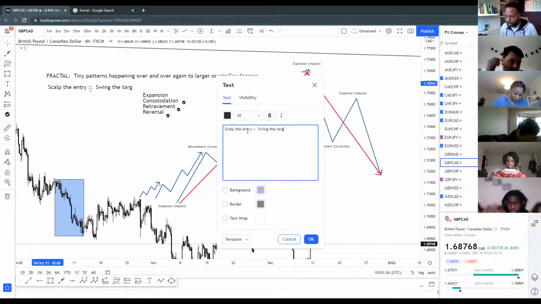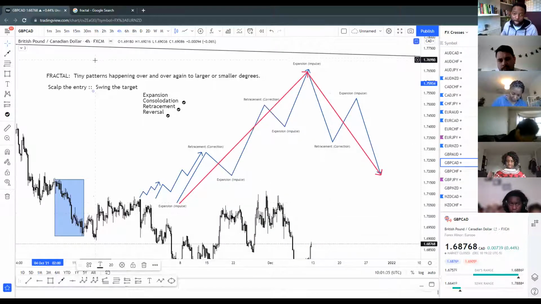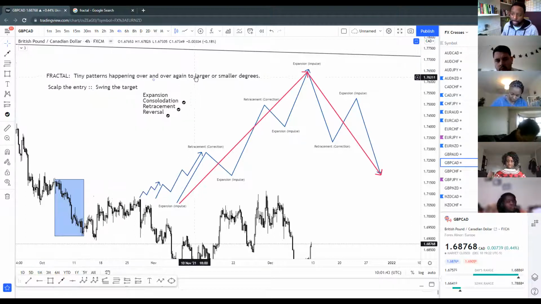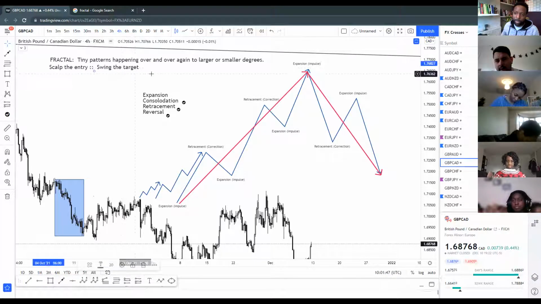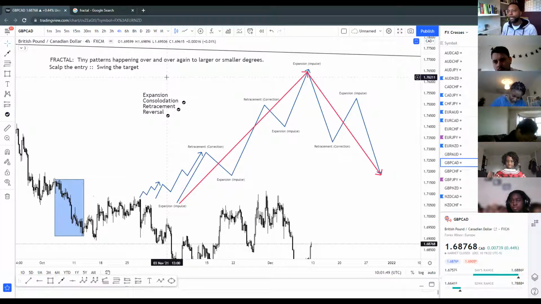Is that because it's more accurate on the smaller time frames? Yeah, the smaller time frames will give you a really accurate read, and you're not always right. You'll get stopped out a lot more, but when you get a big one, it just runs. So it's fine to get stopped out a lot more. Would your losses be less by entering on a lower time frame, because you're going to have a much tighter stop?